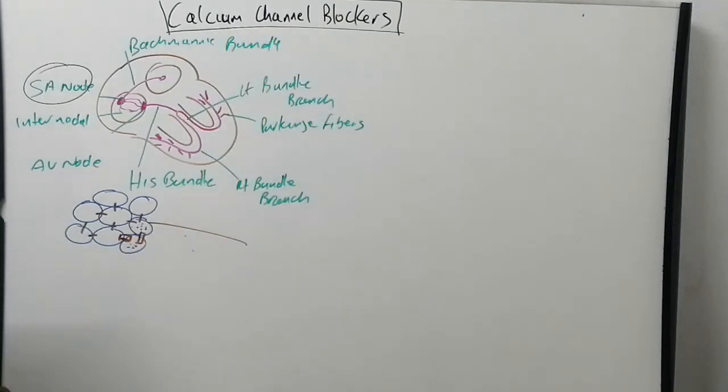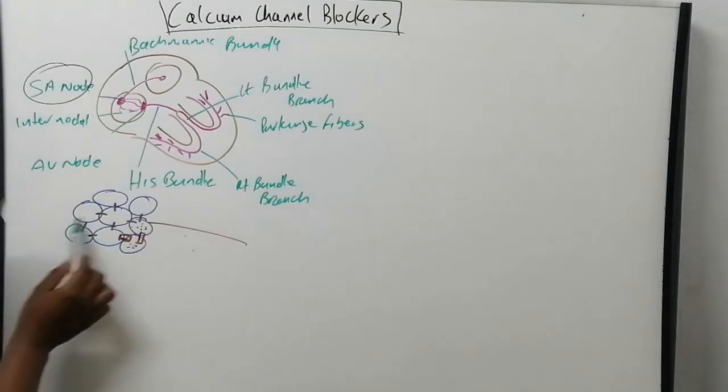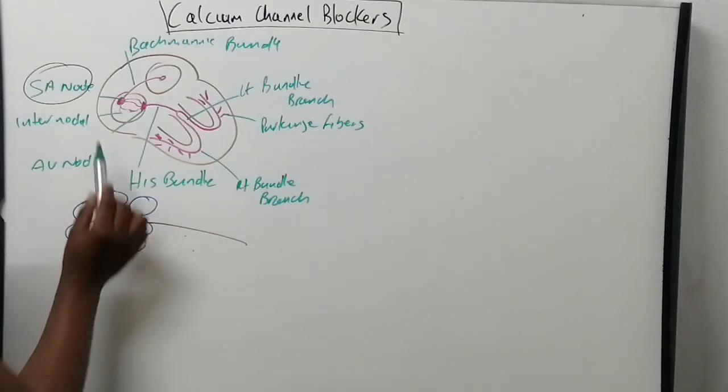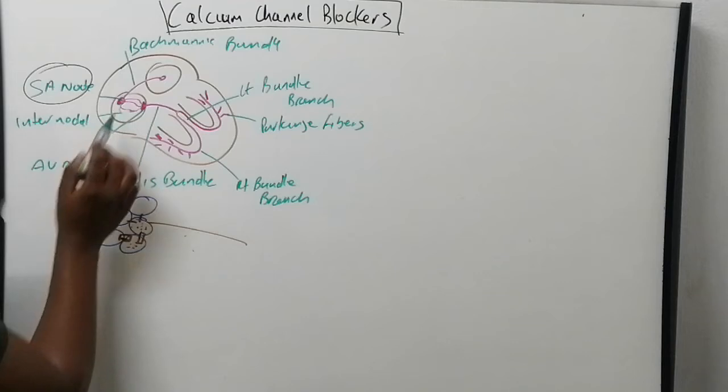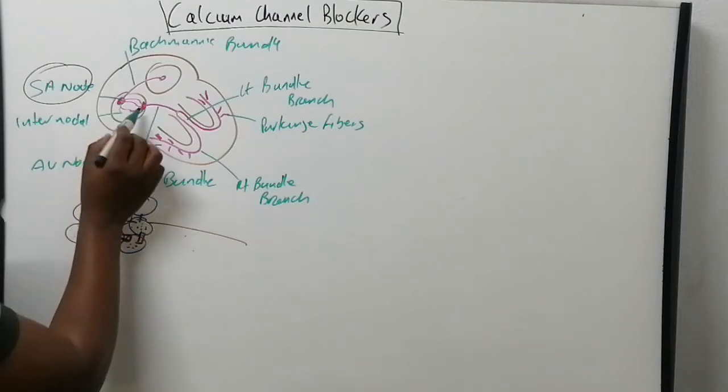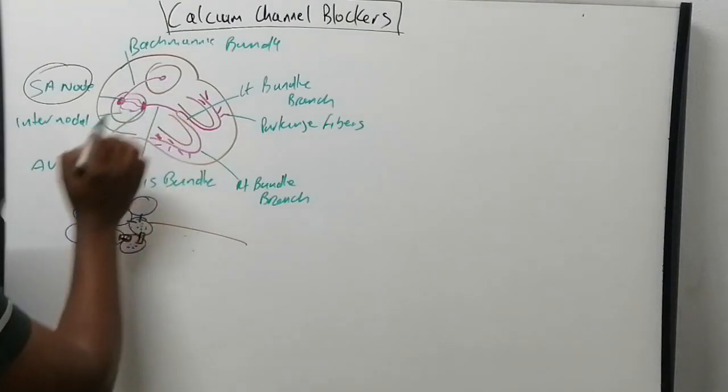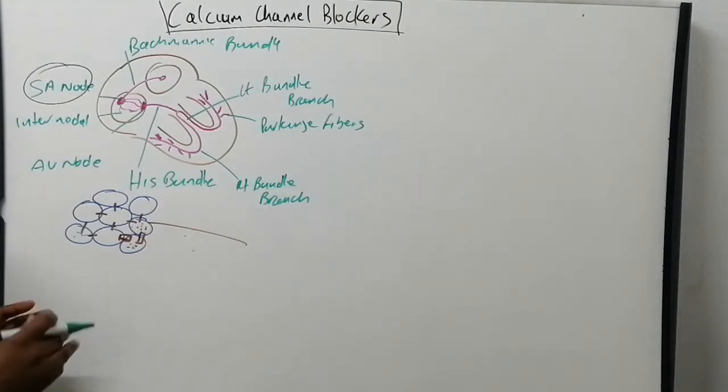So that wave of depolarization will start from a few cells, spread to all the SA node cells, and then spread outside of the SA node via the conduction system to the AV node, to the atria via the Bachmann's bundle, right?